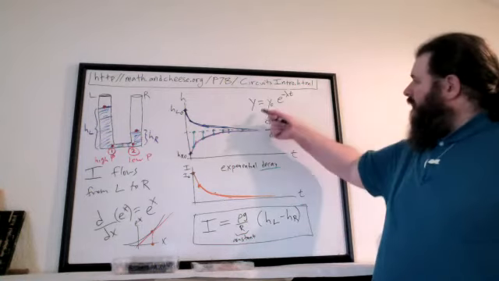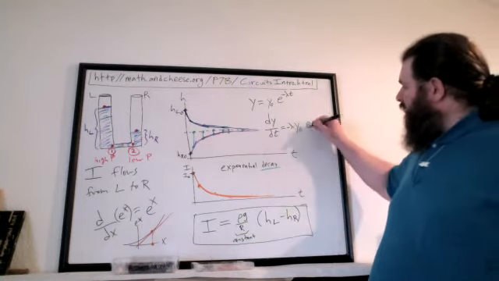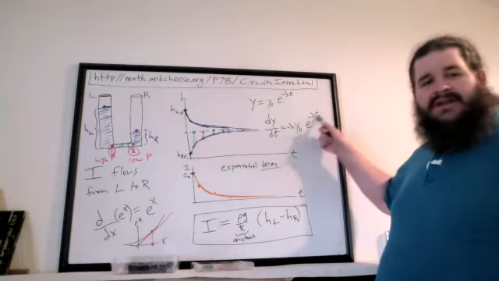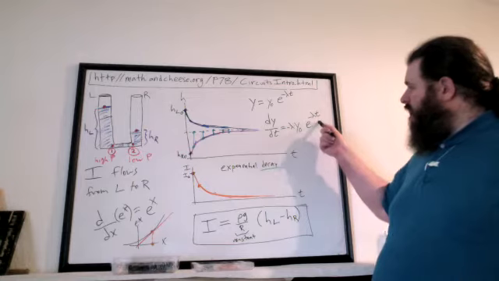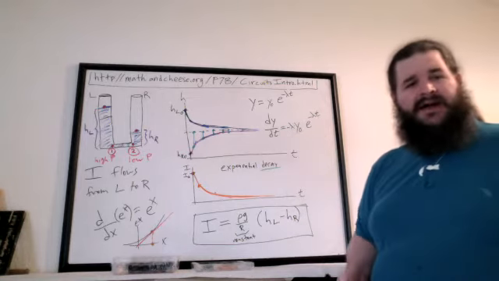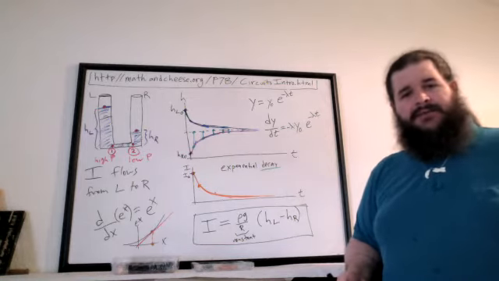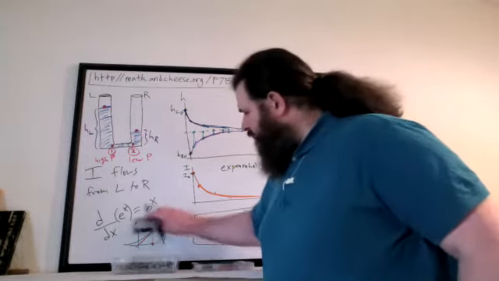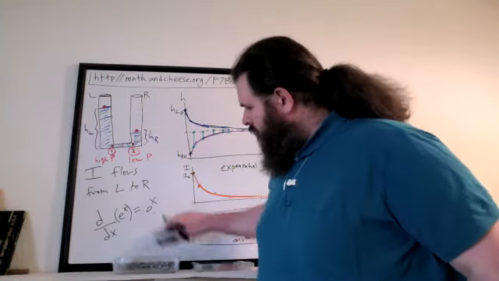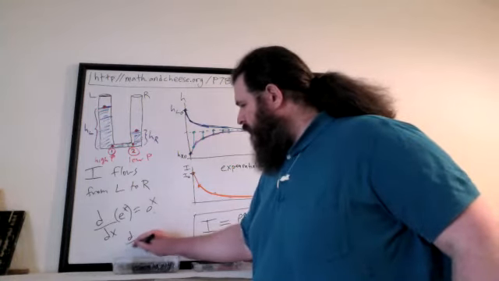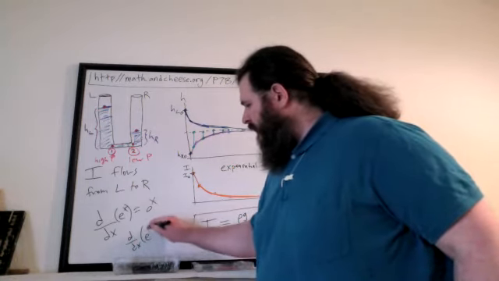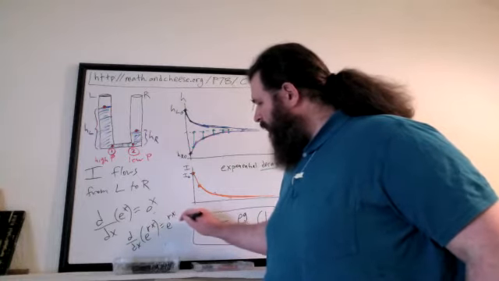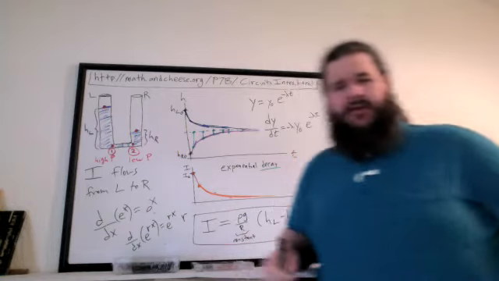So the derivative of e to the negative lambda t is just e to the negative lambda t again. But because what's inside is not just t, we also need to multiply by the derivative of what's inside from the chain rule. And that's where the negative lambda comes from. In fact, in general, the derivative of, let's say, e to the rx is going to be the same e to the rx, but also with a times r from the chain rule.